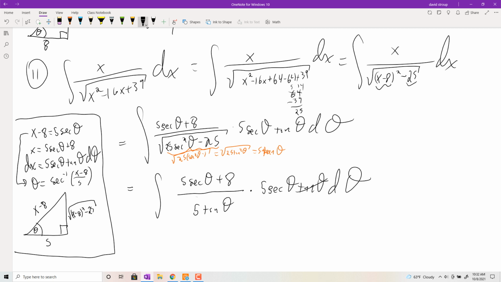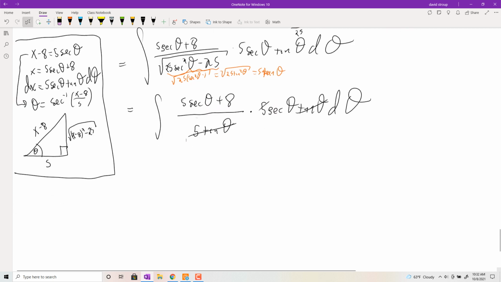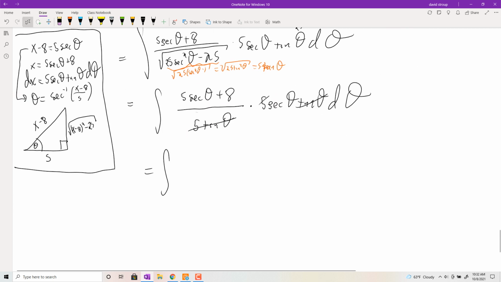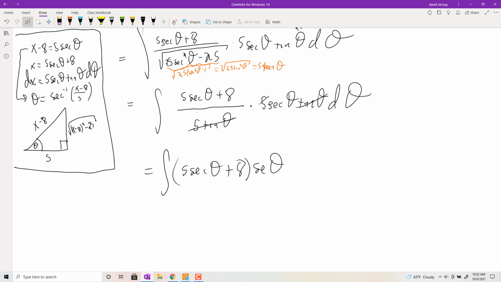I can get rid of the 5 and the tan theta like that. I'll end up with the integral of 5 secant theta plus 8 times secant theta d theta. So that's going to be the integral of 5 secant squared theta plus 8 secant theta d theta.